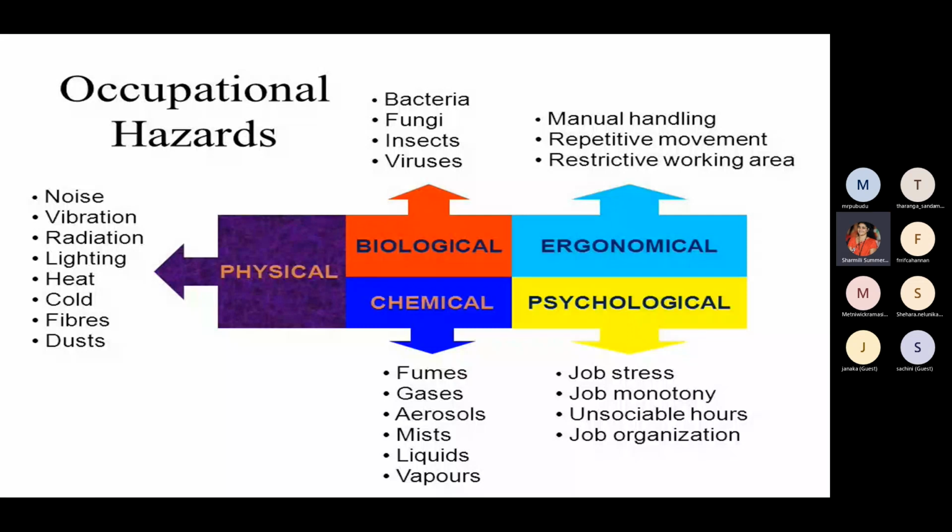Repetitive movements and restrictive working areas are ergonomical hazards. Psychological hazards include stress, depression, bullying by co-workers in the working environment, feeling alone, and workload.